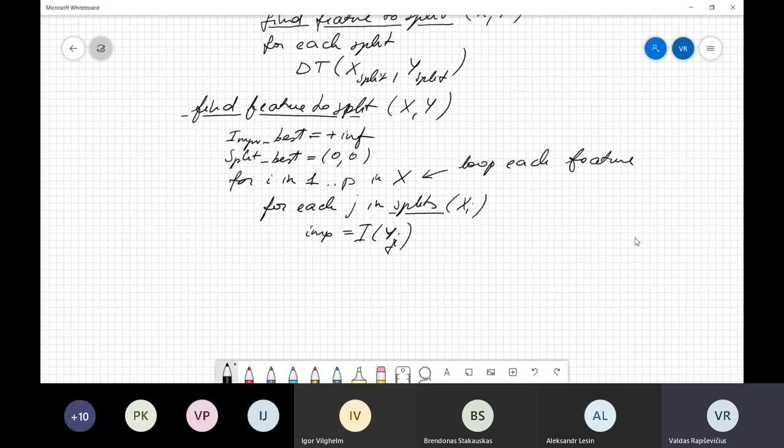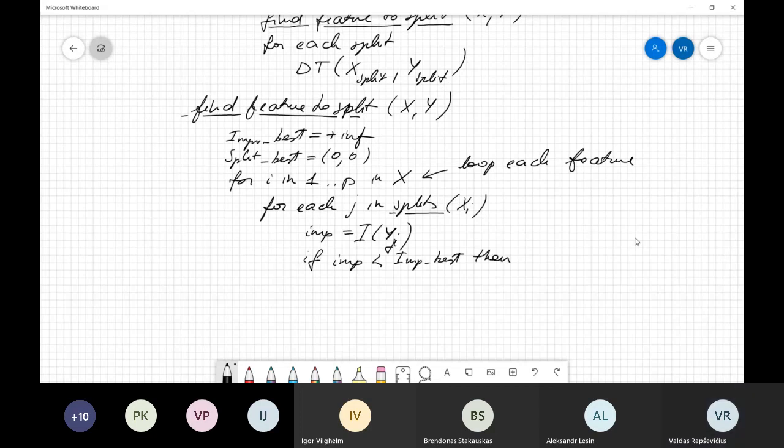If it is totally the same class in this split, or it has a mix of different classes. So now we just check if the impurity we just found is less, if the split is better than what we have found before, and what we have found was impurity best.